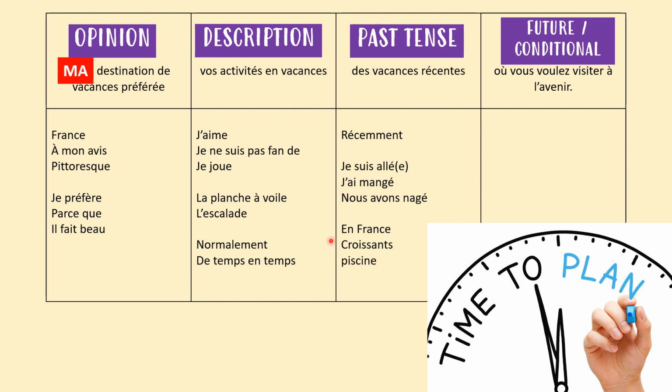And then future or conditional. So where you would like to visit in the future. So I need to think about that, and I need to do the same thing. I want to be able to use 3 different verbs minimum that I can conjugate correctly in the future or the conditional, and I wanted to see if I can mix them up a bit, if I can avoid saying je all the time. Also, I want to choose a country that I know how to say in French.